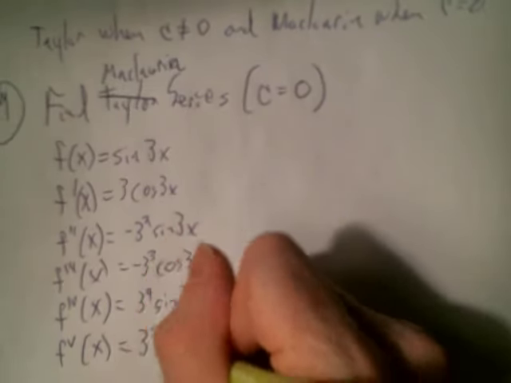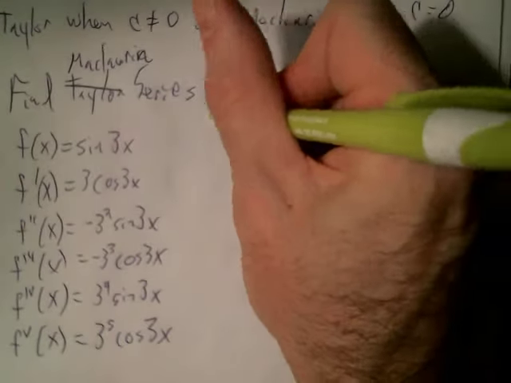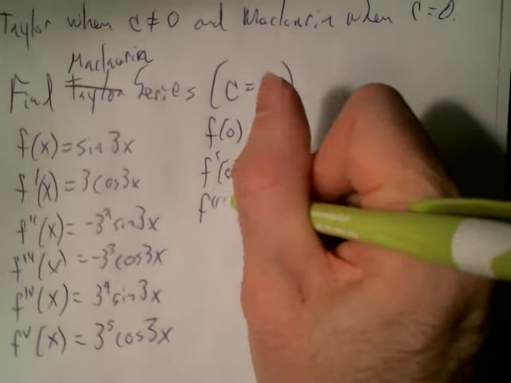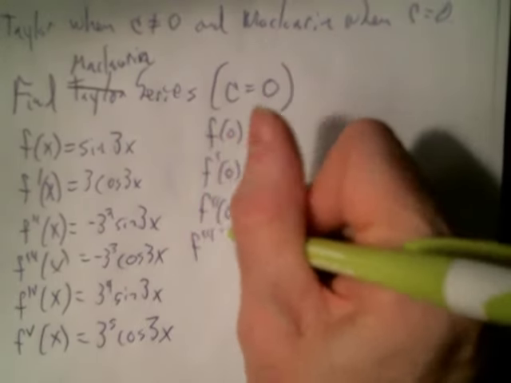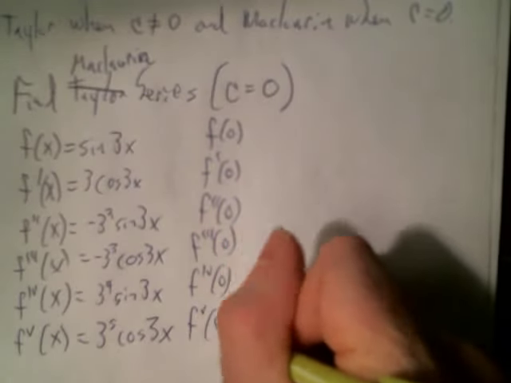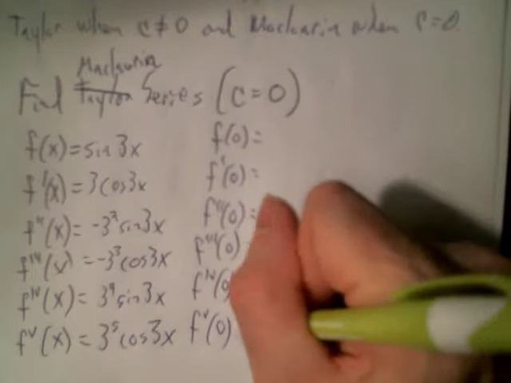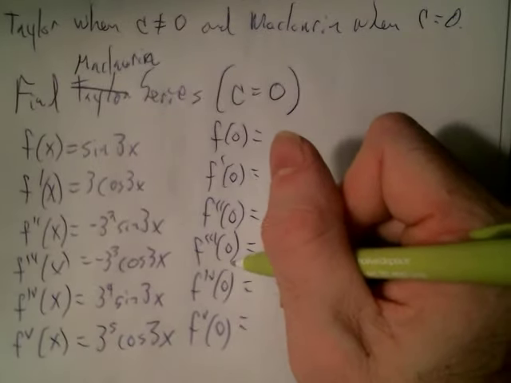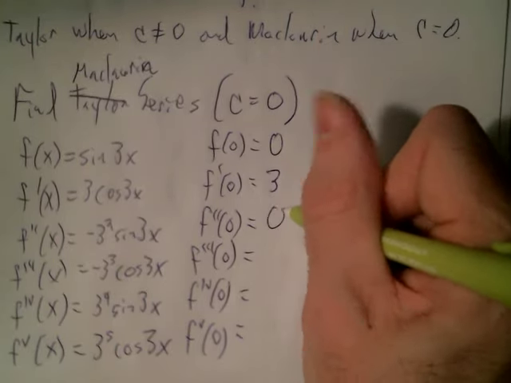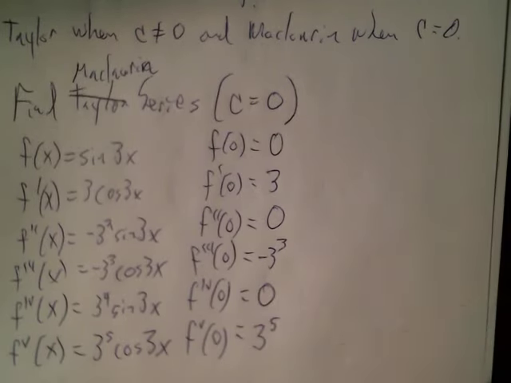And then 3 to the 5th cosine 3x, evaluating it at the center. Remember, sine of 0 is 0, cosine of 0 is 1. So we get 0, 3, 0, negative 3 cubed, 0, 3 to the 5th.